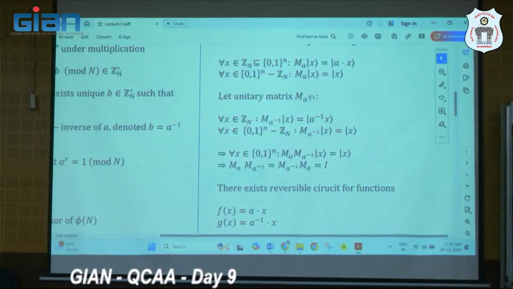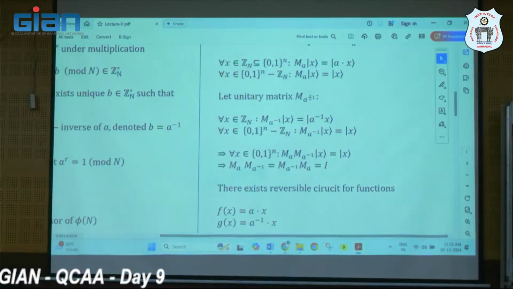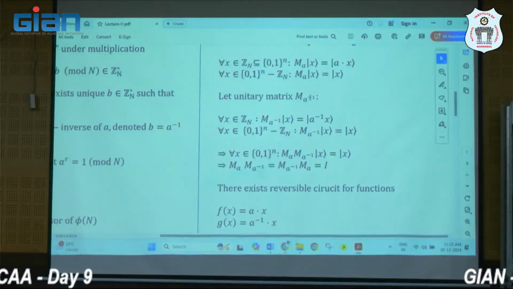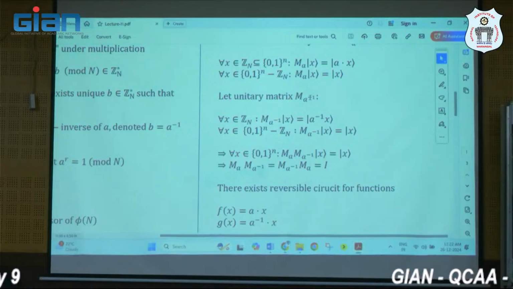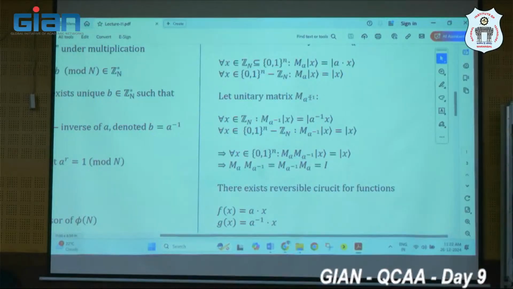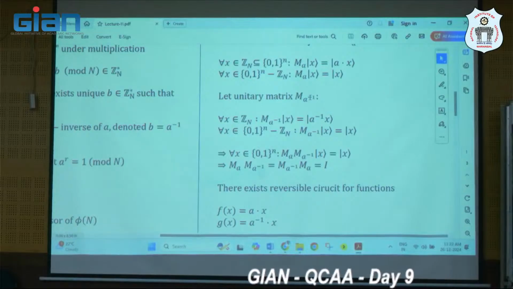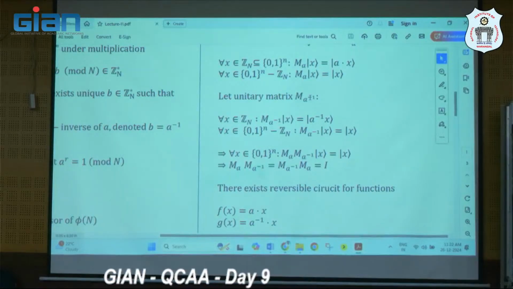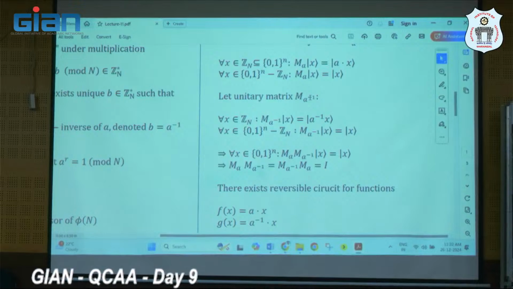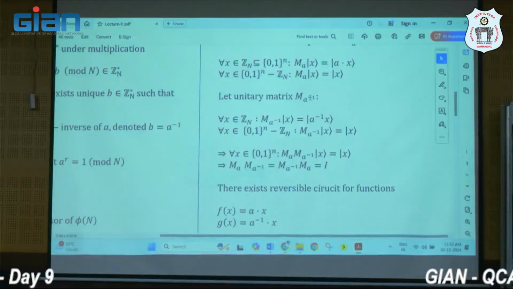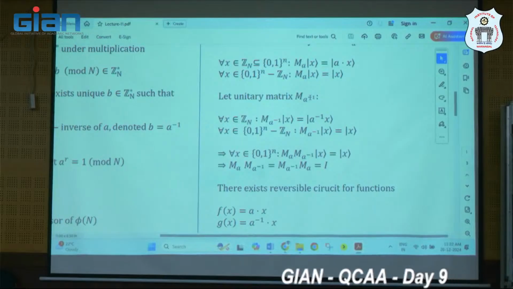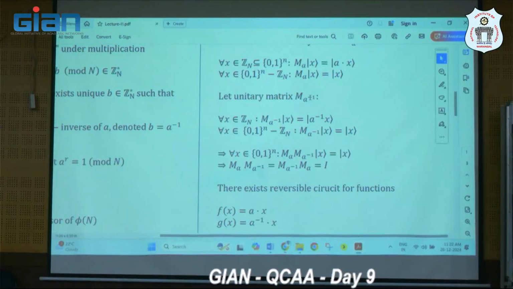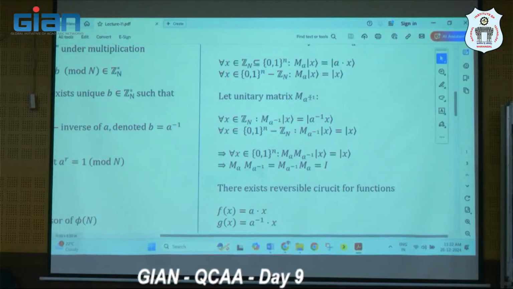We will have reversible circuits for that reversible function. And remember what we had said, that for a reversible function we can do in place computation. We don't need x, y going to x, y XOR f of x. We can take x to f of x. So we will actually have a circuit for this map, x to a times x, because it's a reversible function, so we can do in place computation.